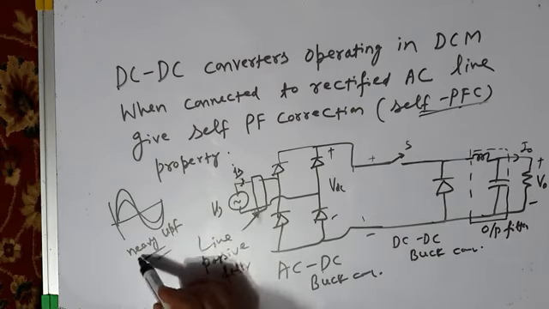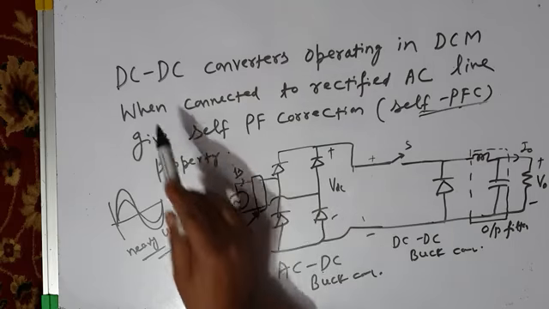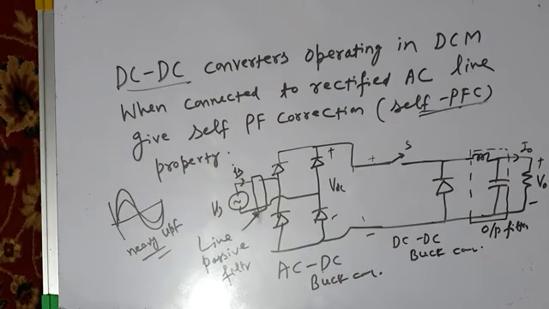That means the input power factor becomes nearly unity. This has been found to be one of the properties of DC to DC converters.